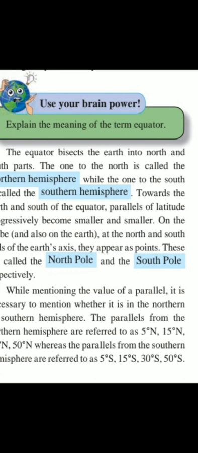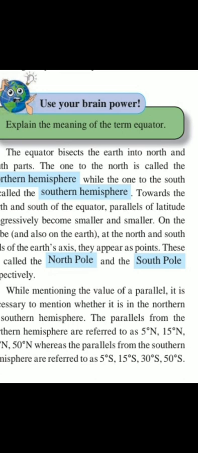As we learned, the 0 degree parallel, the equator, is the largest parallel, and towards the north and south sides the parallels keep getting smaller, on the globe, the miniature model of the earth.